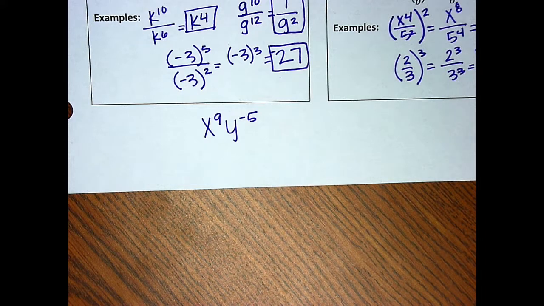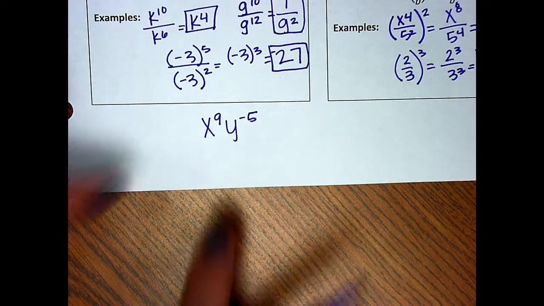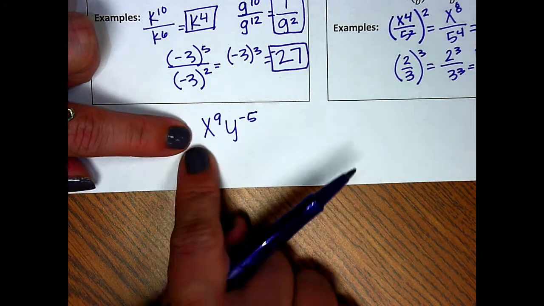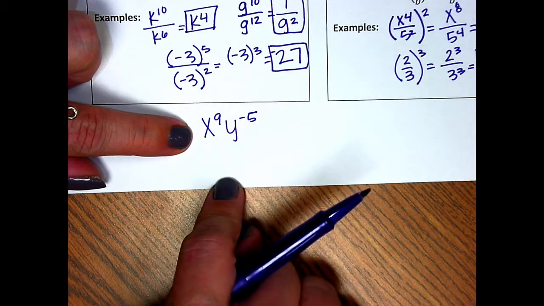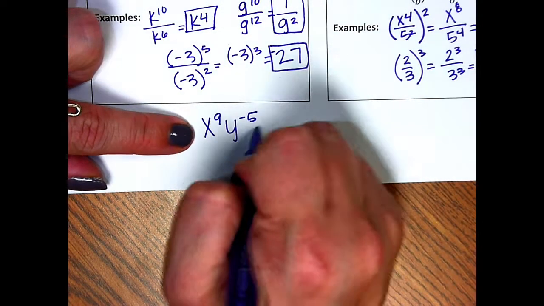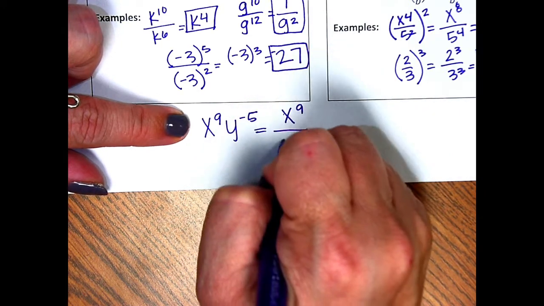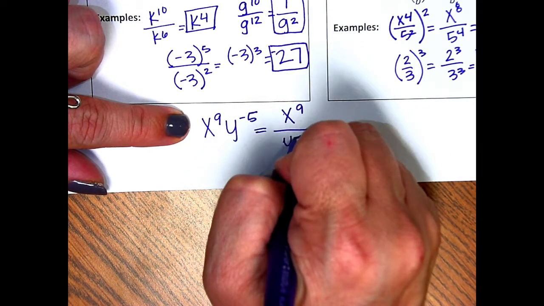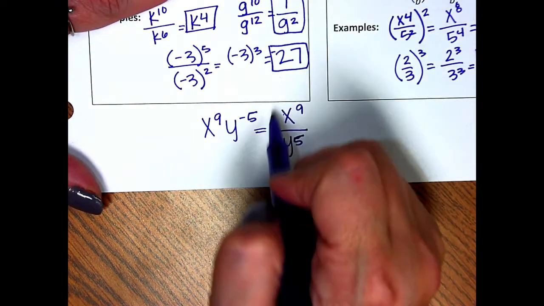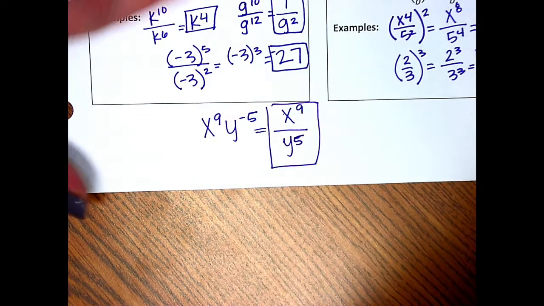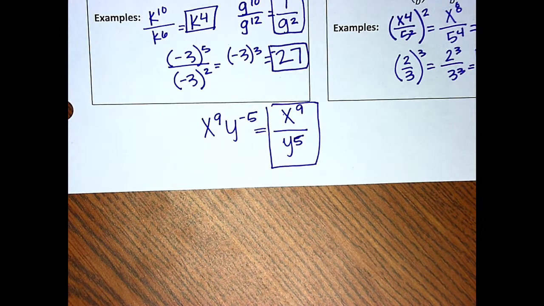If it's in the denominator, you bring it to the numerator. On a whole number, obviously, it's a fraction over 1. So to simplify this, I would say that this is x to the 9th over y to the positive 5th. Okay, we leave the x to the 9th alone because it was positive to begin with.